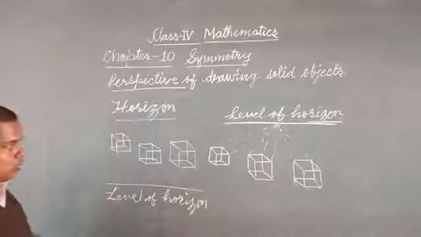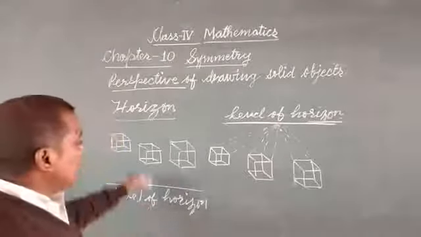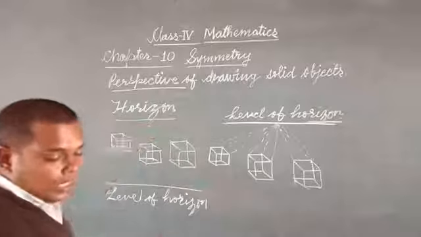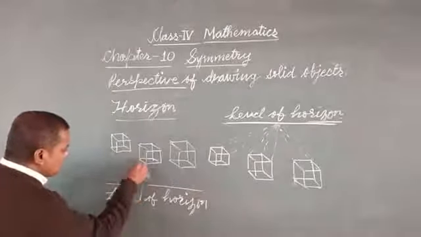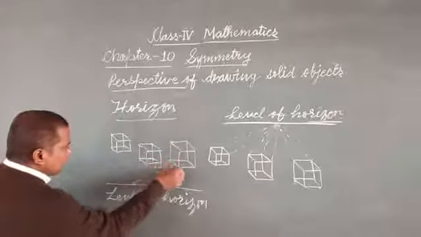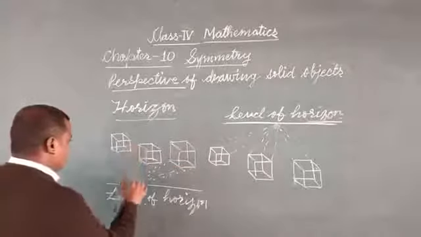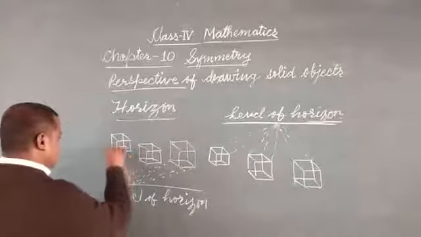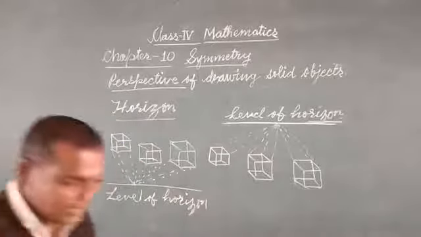Okay. Now, if the level of horizon is below and the cubes are up, then it seems to vanish here. Like this.